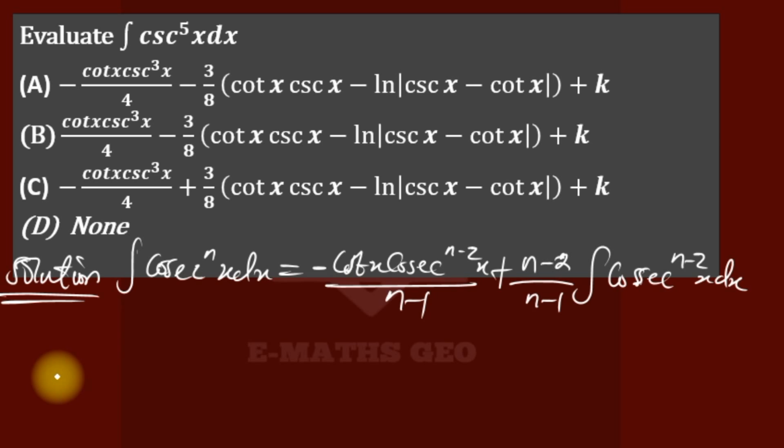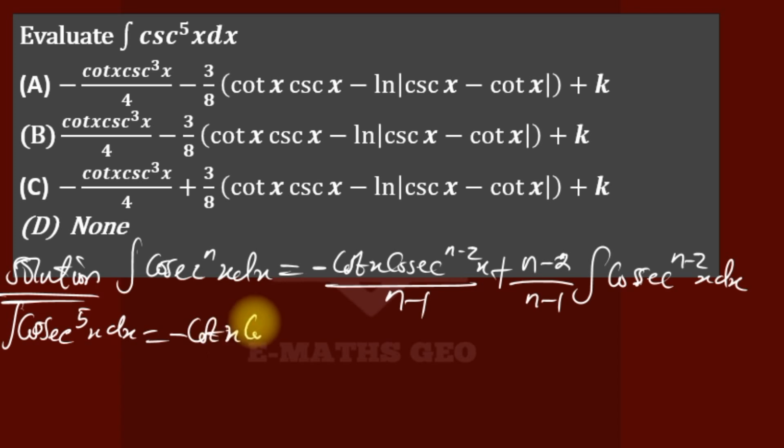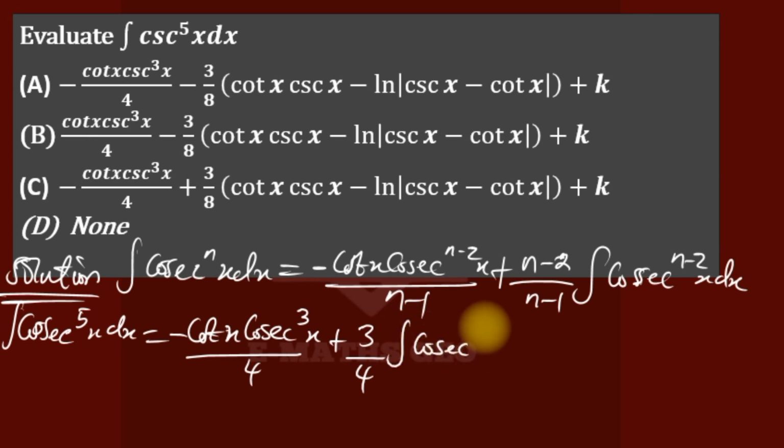So we have that our n here is 5. The integral of cosec x raised to power 5 is now minus cot x cosec x raised to power 5 minus 2, which is 3, over 5 minus 1, which is 4, plus 5 minus 2, which is 3, over 5 minus 1, which is 4, times the integral of cosec x raised to power 3 dx.